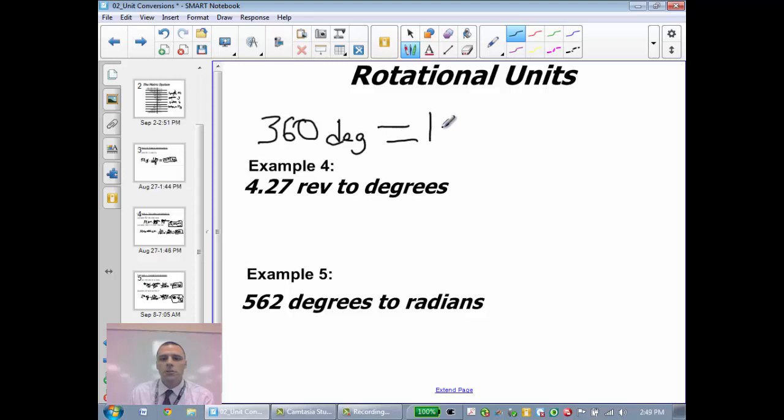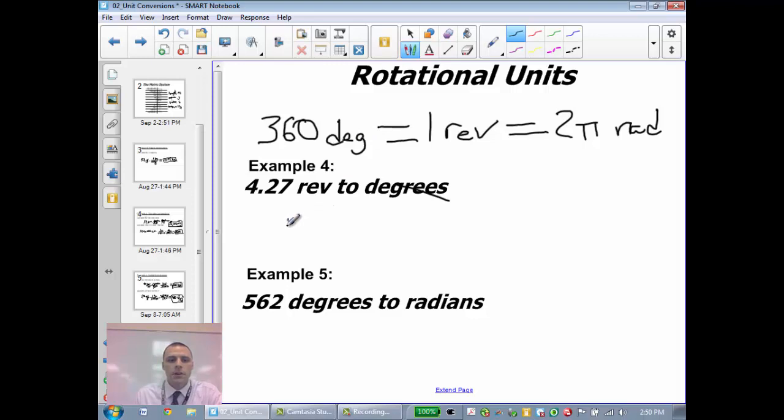That's also known as 1 revolution. And if you were to do it in radians, that would be 2 pi radians. These are useful because they are equivalent to one another. Just like 1,000 grams equals 1 kilogram, 360 degrees equals 1 revolution, which equals 2 pi radians.